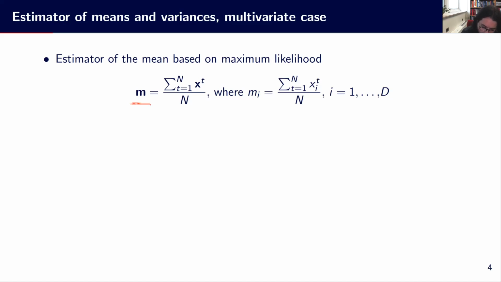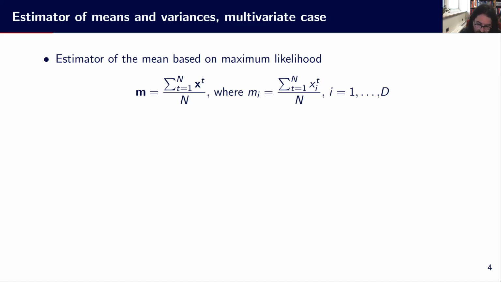We are summing all individual vectors for all samples, x1, x2, up to xn, and we divide this by n. This is a relatively straightforward way to compute the estimation of the mean vector.